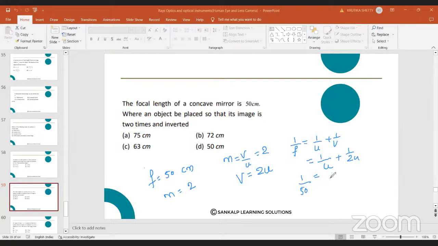It will be 75 centimeter. Yes, very good. 75 centimeters. So here you simplify this and calculate u, you will get it as 75 centimeter. Option A is correct here, students. Okay.